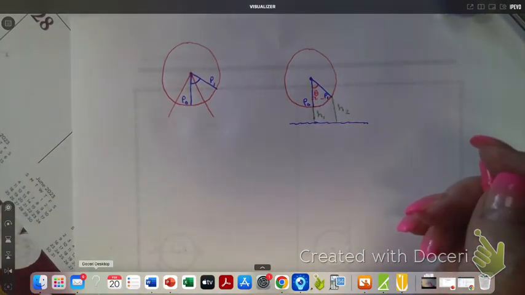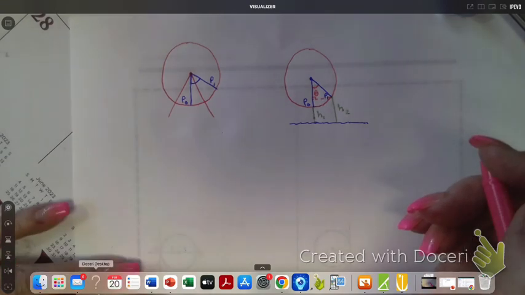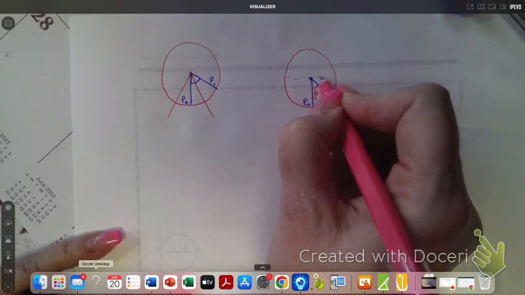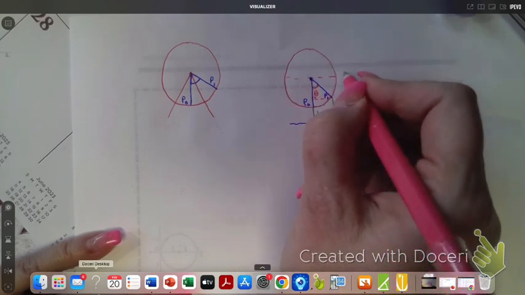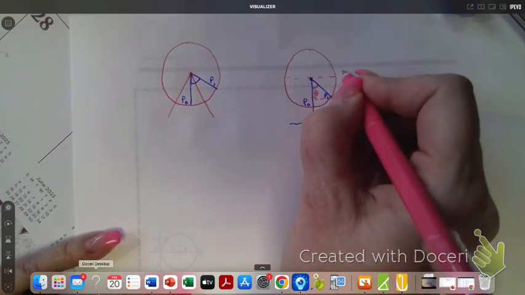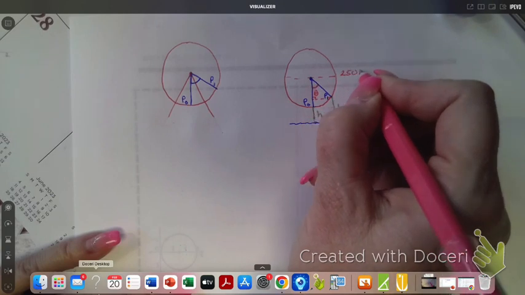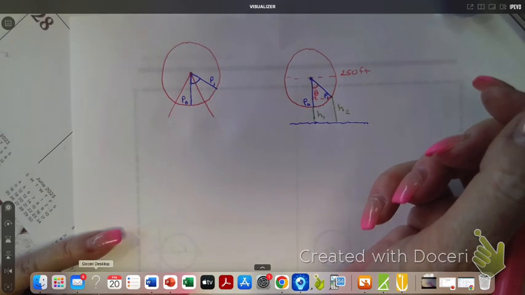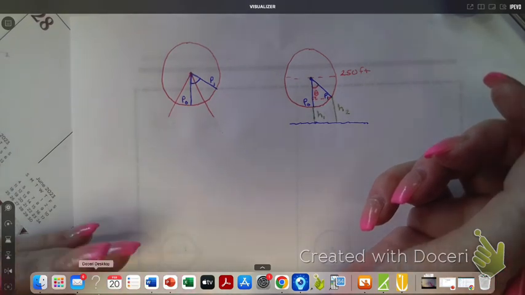So some things are going to tell us. We know that from the introduction, the diameter was 250 feet. So it's 250 feet. We know that, 10 more minutes.